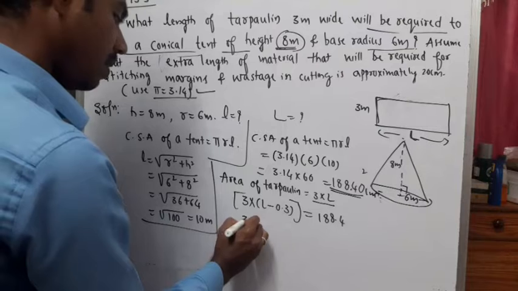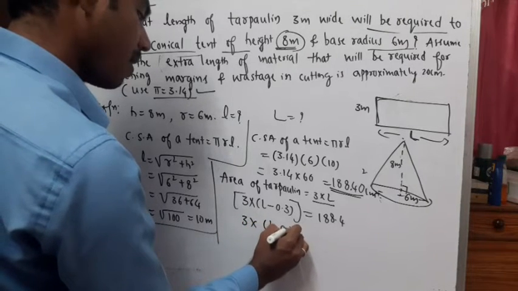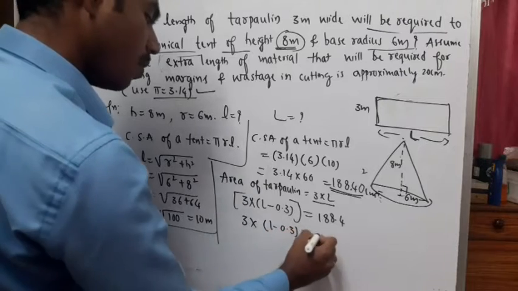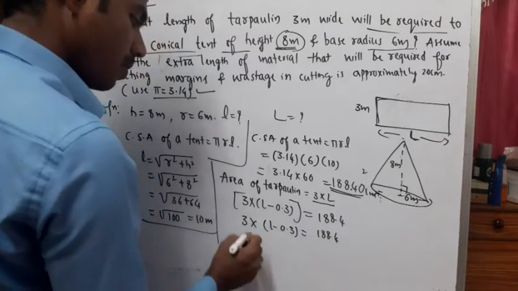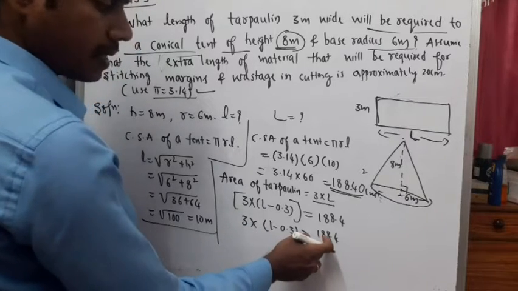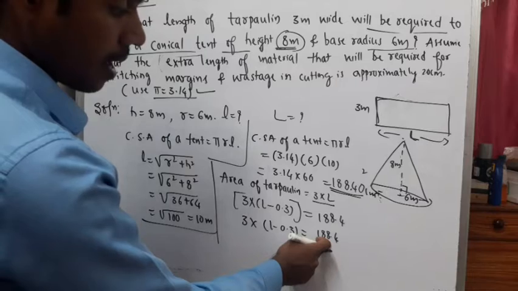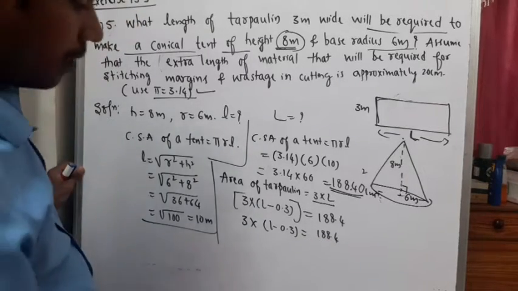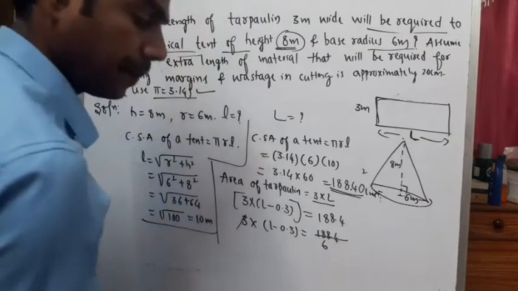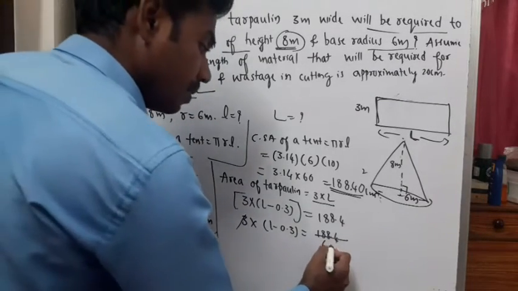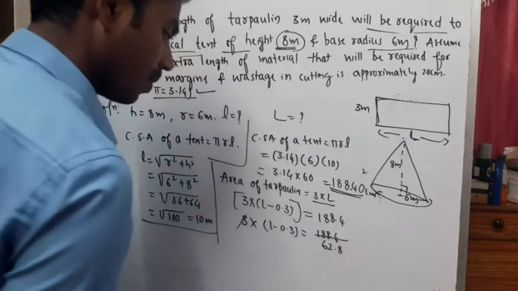So 3 into L minus 0.3 is equal to 188.4. So 1 plus 8, 9, 9 plus 8, 17, 17 plus 4 is 21. 3 1s are 3, 3 6s are 18, 3 2s are 6, 2 left, 24, 3 8s are 24.